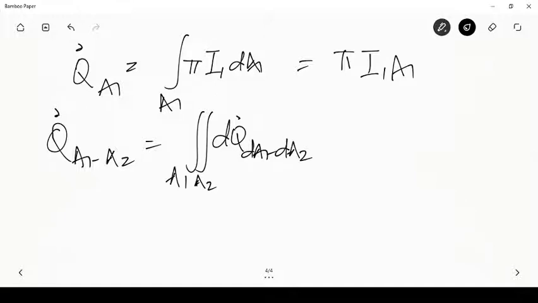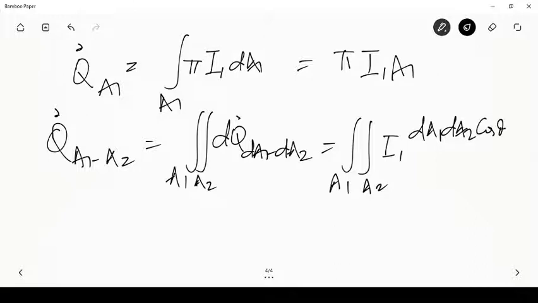Is that correct? So this is equal to the double integral over the areas A1 and A2 of I1 into dA1 dA2 cos theta 1 cos theta 2 divided by s square. Is it correct?